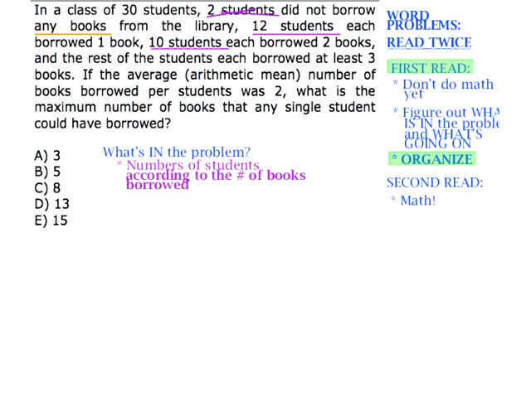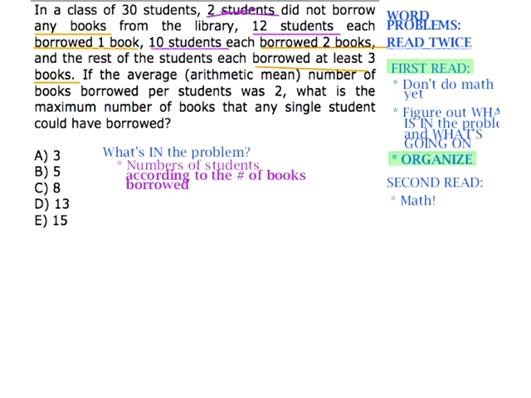Instead, the other thing in the problem here is just how many books were borrowed by these students. And this is the first read. The first read, you're not even bothering to try to understand exactly what the math relationships are. There's no point yet. That's for later. Right now, the first time is just kind of disjointedly looking through the words and seeing what's in there.